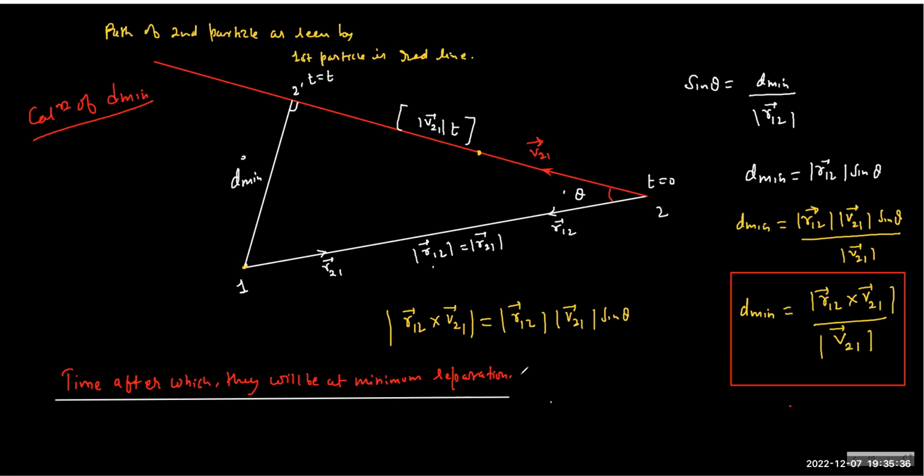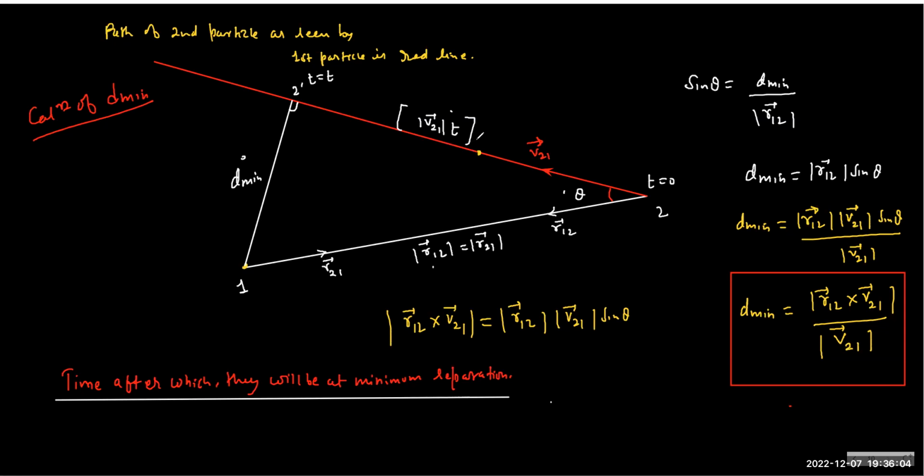So this is the next calculation. Okay. So how to relate R12 with time in the same triangle? Which equation will be beneficial for us? You can see time is here because in time t you will travel how much? V21 into t, isn't it?